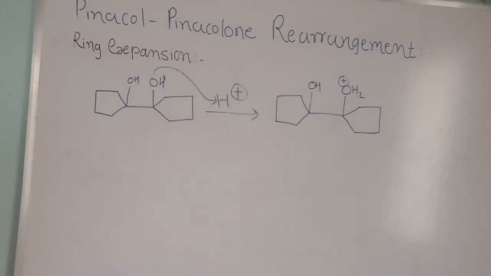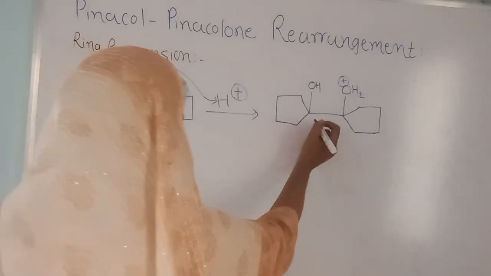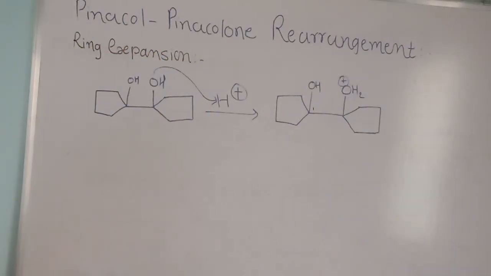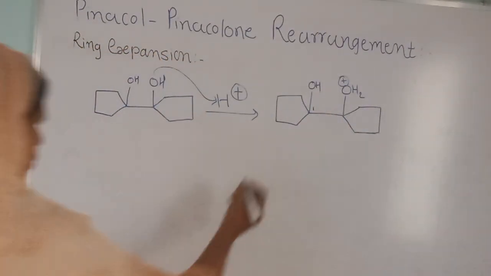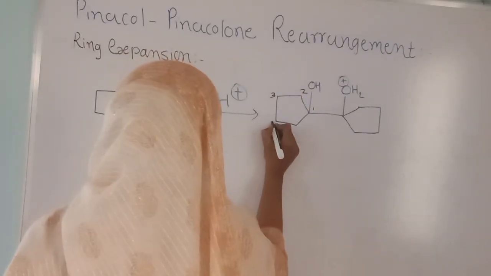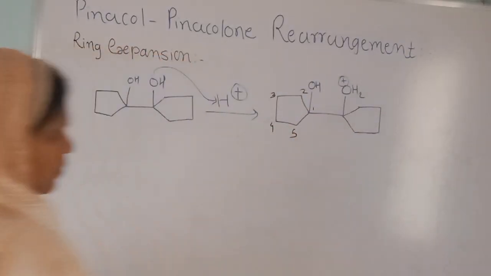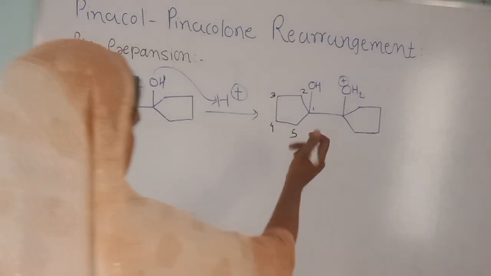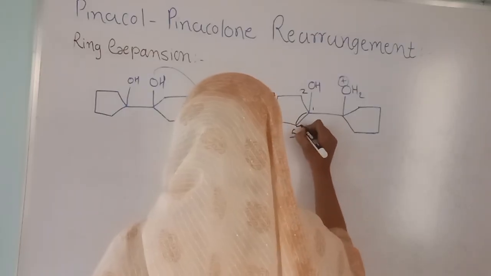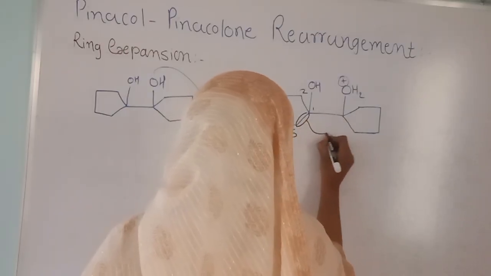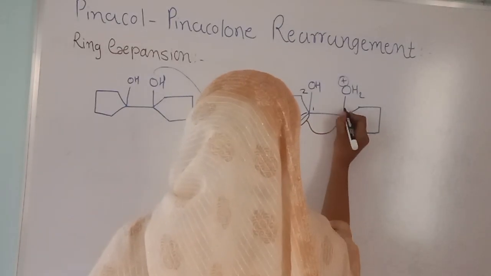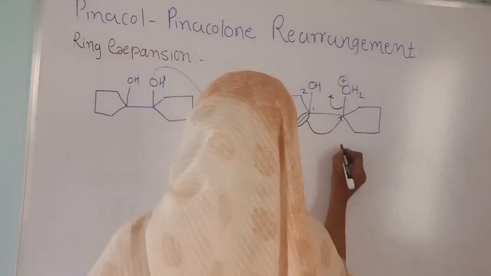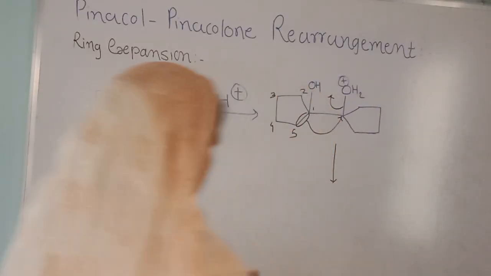How can the reaction proceed? Simply by numbering this ring, which is anti: 1, then 2, 3, 4, 5. We number the opposite side of the ring. The hydroxy group is here. Therefore, the bond on the anti side, opposite to this methyl group, will migrate here and the hydroxy group will depart.